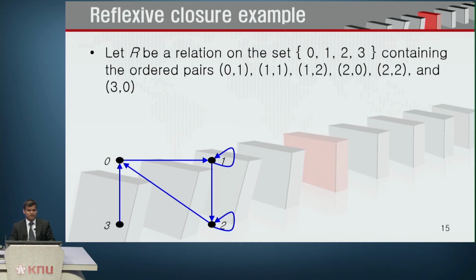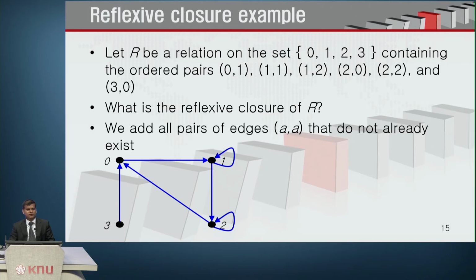With this you can see that (1, 1) and (2, 2) are there, so you have a loop there in this set, and 0 and 1 are connected, 2 and 0 are connected, and 3 and 0 are also connected. So what is the reflexive closure of R now? What is missing? As you can see here, there are two nodes that do not have a loop.